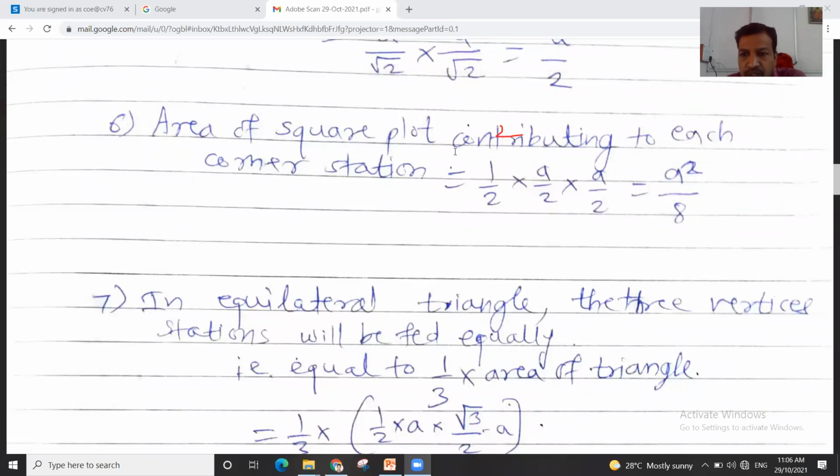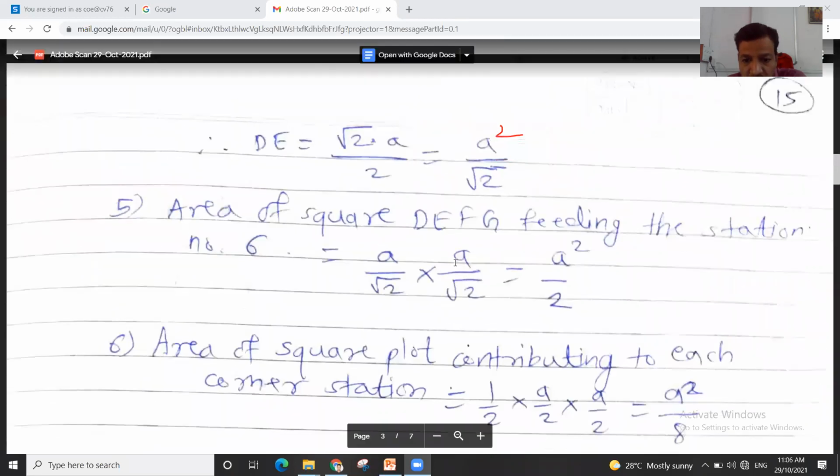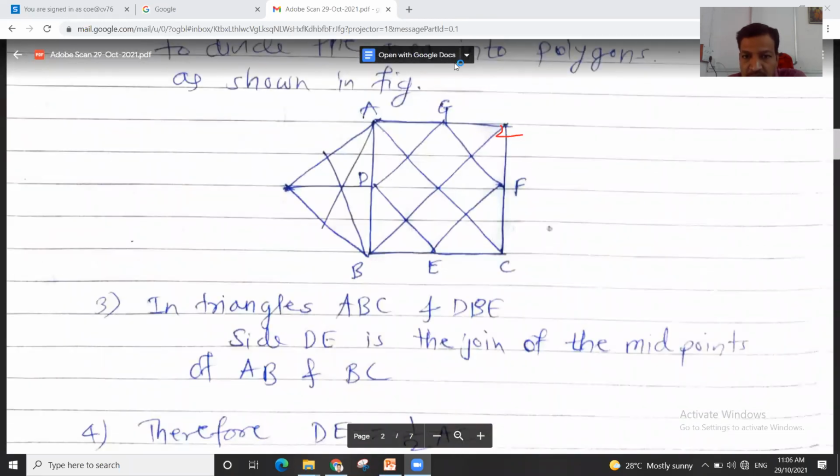Looking at this diagram, we have to find the area of each corner. We have already found the inner area DEFG. Now we find the area of triangle ADG, and similarly triangle DEB and triangle EFC.